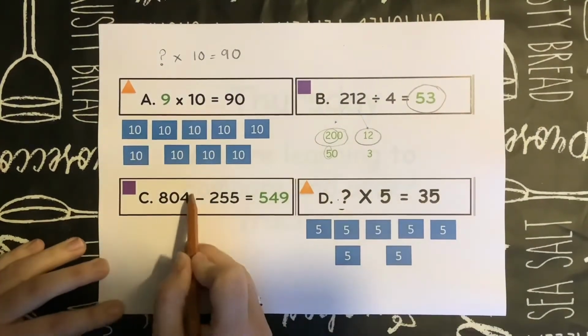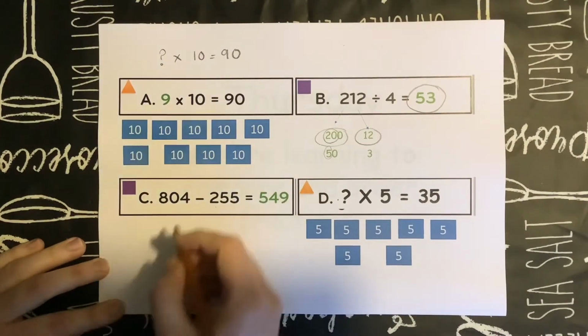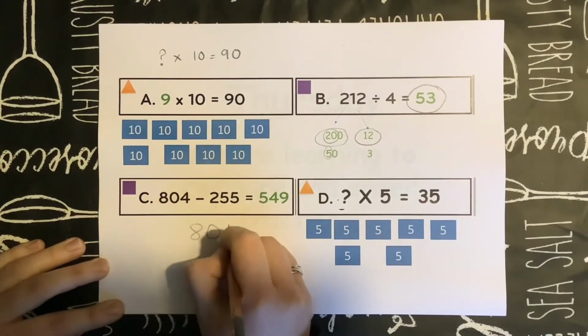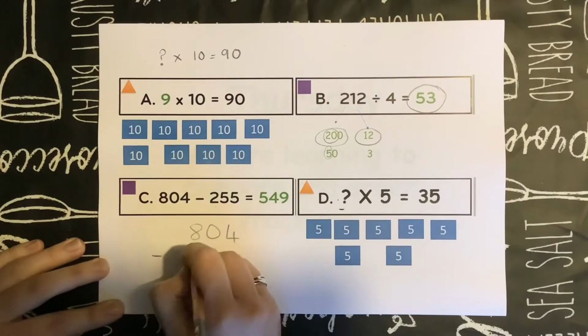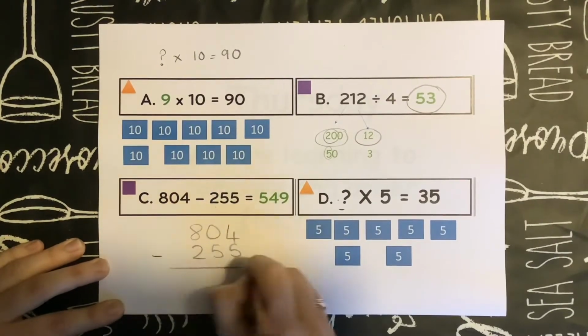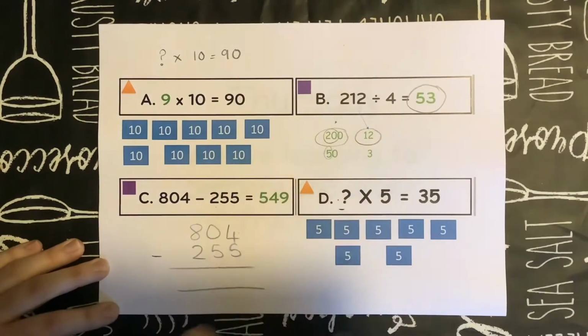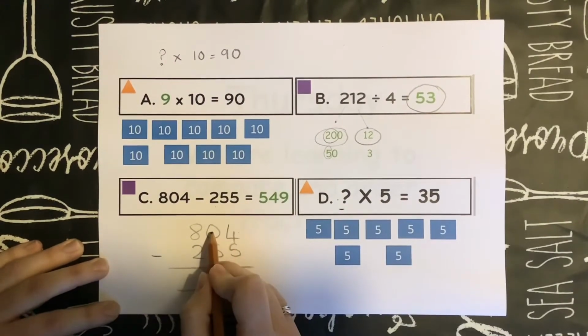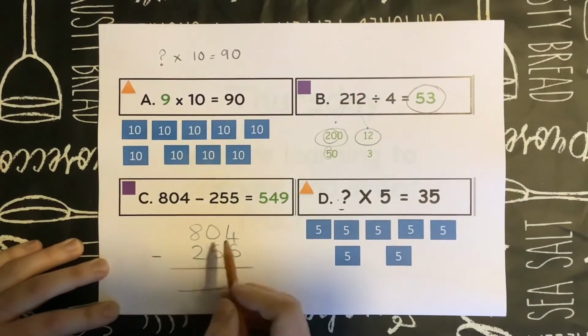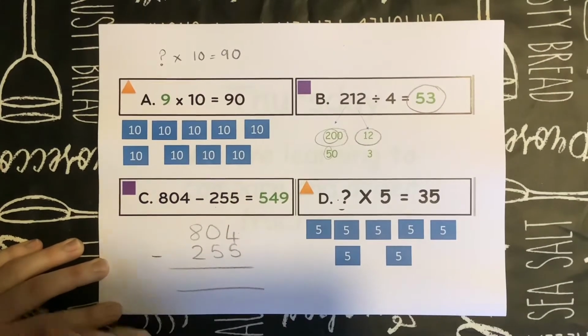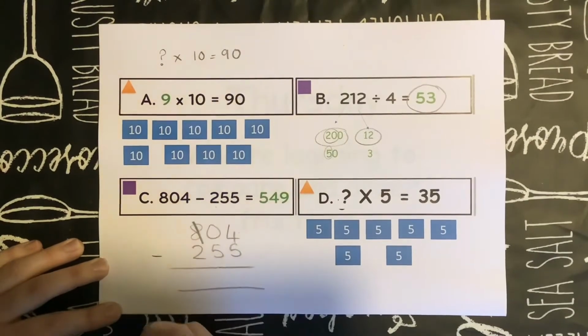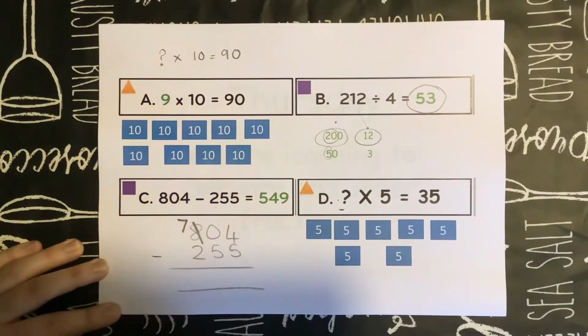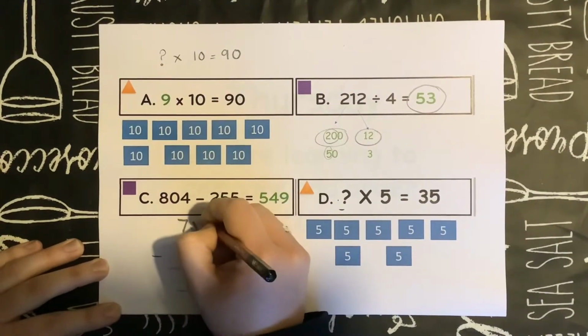Then here we have our total, take away one part equals what? 804, take away 255. So 4 take away 5. Can't do it. Really hope none of you turned it around. Now, normally you'd go over and borrow and regroup a 10. But there is no 10 for you to regroup. So you have to go all the way to the hundreds first. Your 800s becomes 700s, and your 100 goes into your 10s.